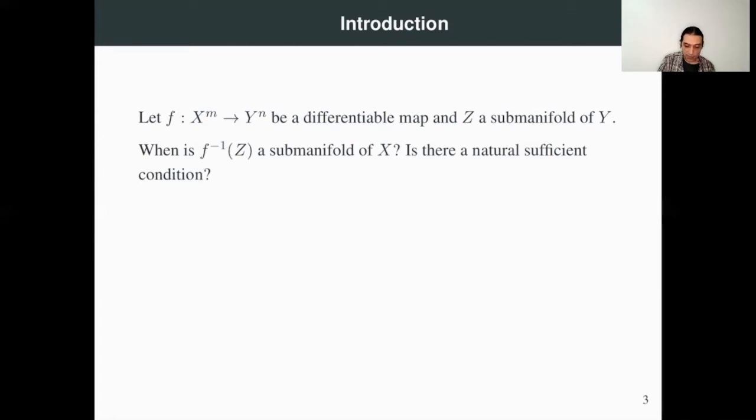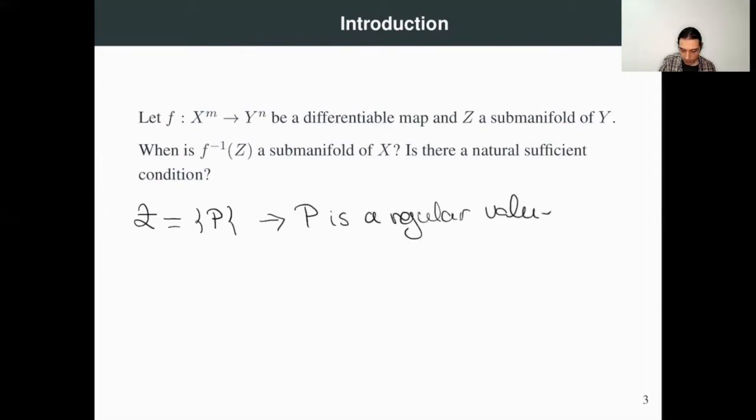The case that we know is the case in which C is indeed a point. And in that case, the sufficient condition is that P is indeed a regular value of the map F.